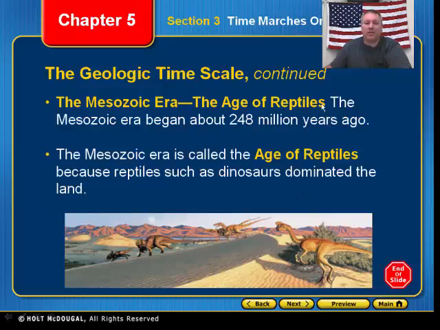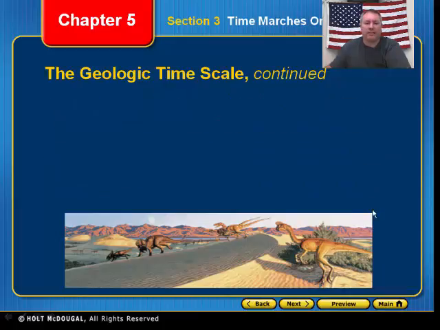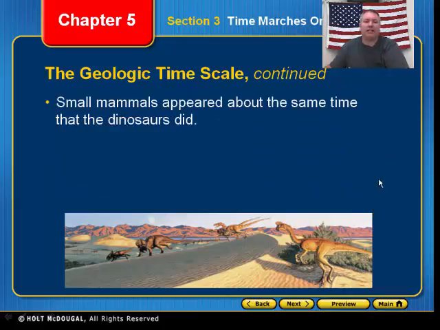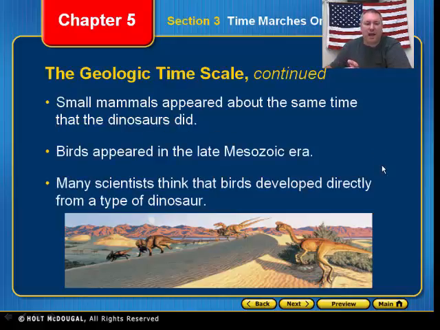Then we have the Mesozoic era, which is the age of the reptiles, and this is when dinosaurs started to roam the land. Dinosaurs dominated the land. Smaller mammals appeared about the same time that dinosaurs did, but those mammals had to compete against the dinosaurs in order to survive. Birds did appear in the late Mesozoic era.